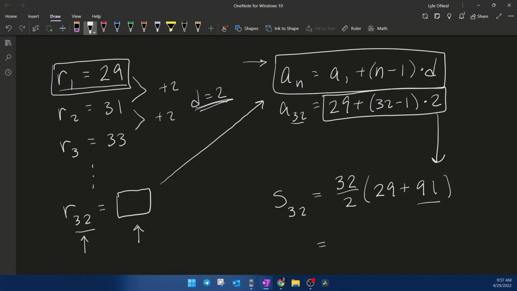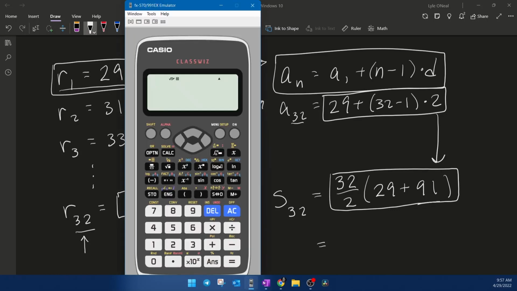And so now that I have that last term plugged in, we can now calculate the sum of the seats in the theater. Pulling up my handy dandy calculator one more time, and I'm going to go ahead and do this calculation mentally. I know that 32 over 2 is simply 16, times 29 plus 91, giving me a total number of seats, 1,920.